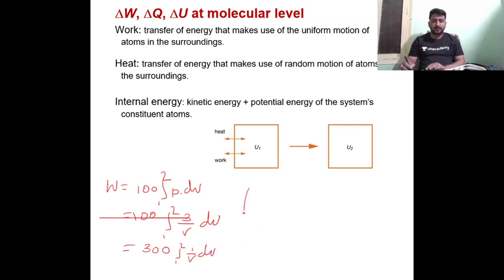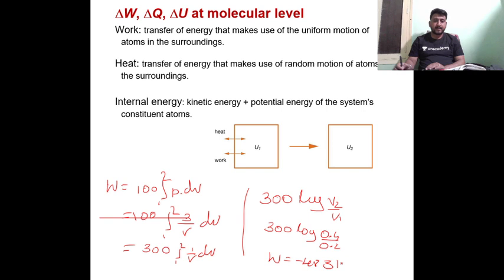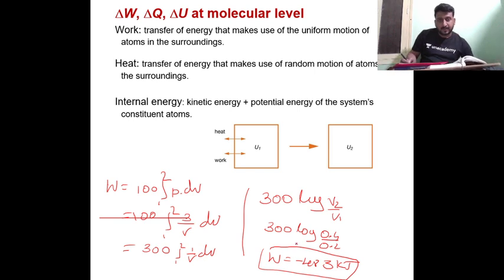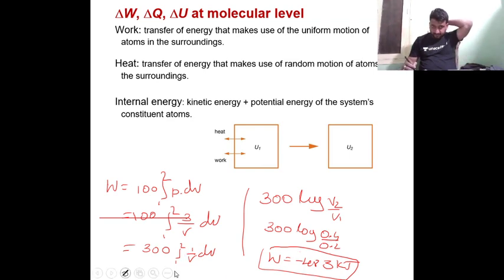So that is equal to 300 log V2 by V1. So 300 log 0.4 by 0.2. That is work done is equal to minus 483 kilojoules. So that is the thing here. Work done by the system. We'll do one more problem over here.